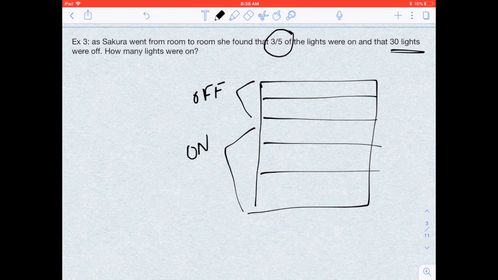And 30 lights were off. So I know this is 30. It says how many lights were on. So the only way I can find this part is to figure out what my total is here.